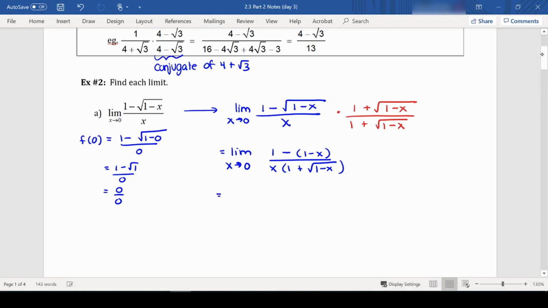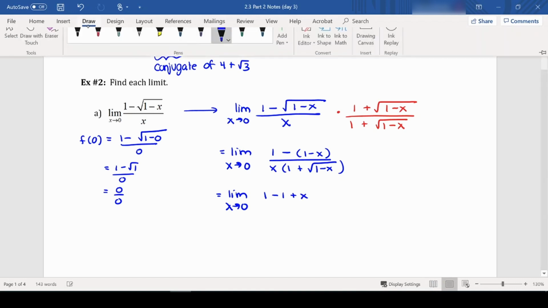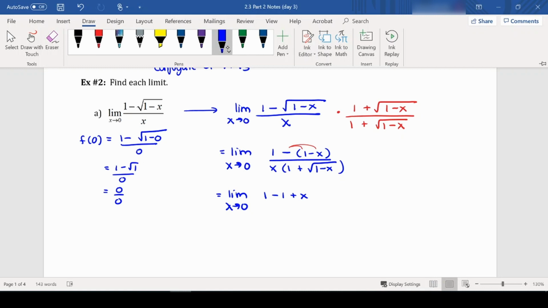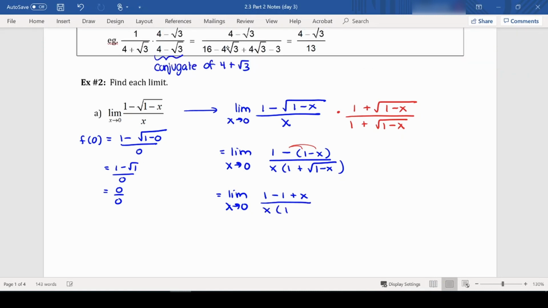Now on the top, I've got the limit as x approaches 0 of 1 minus 1 plus x, if I expand these brackets here. On the bottom, again, leave the bottom factored. I only ever expand where I was multiplying by that thing's conjugate. I multiplied by the numerator's conjugate, therefore I will expand my numerator and leave my denominator.